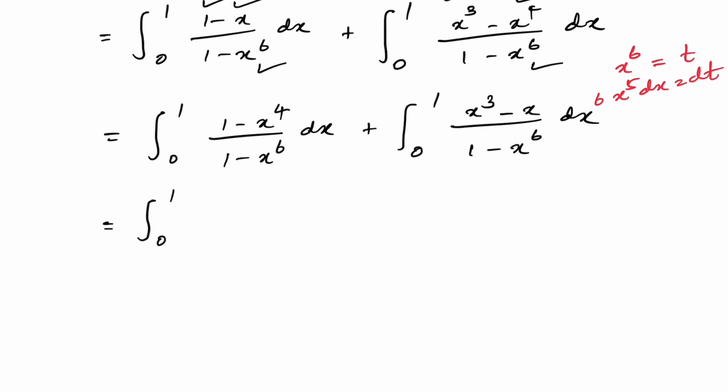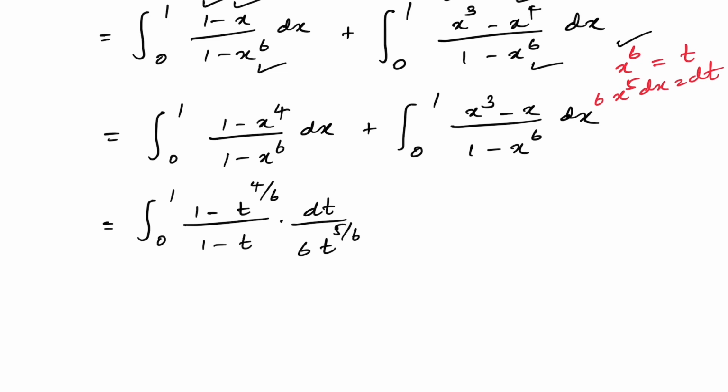Then here, for the 1 minus x to the 4th power term, if you isolate x, x is equal to t to the 1 over 6. So we have t to the 4 over 6 over (1 minus t), and dx is equal to dt over 6 times t to the 5 over 6.